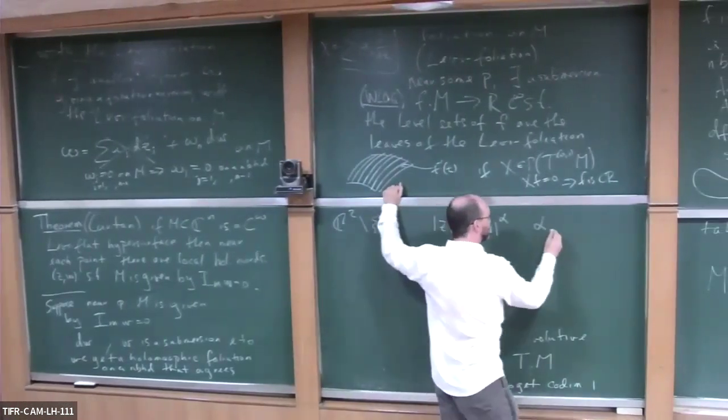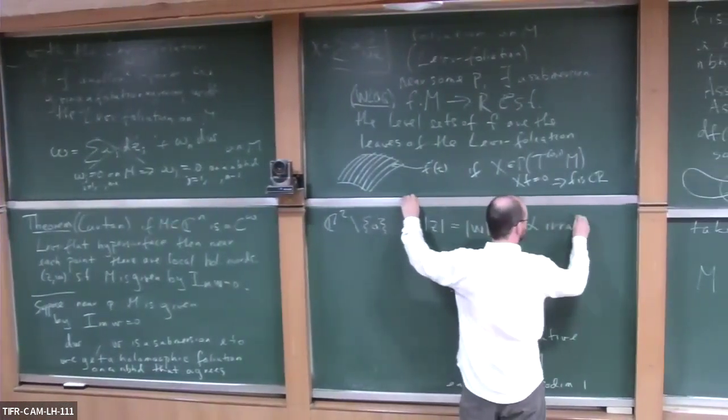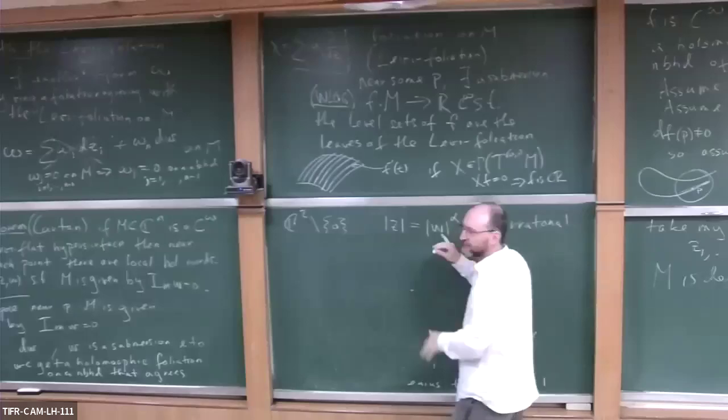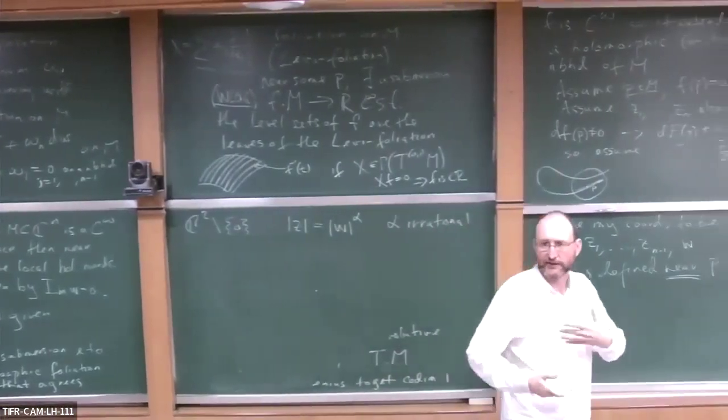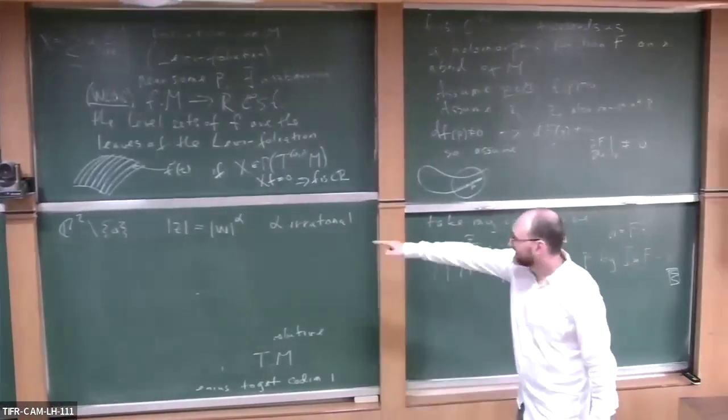It's of course not a nice manifold at 0, but everywhere else you get a nice manifold, and you can check that the leaves are not embedded; they go around in a crazy way.